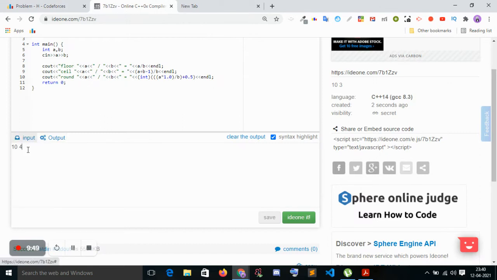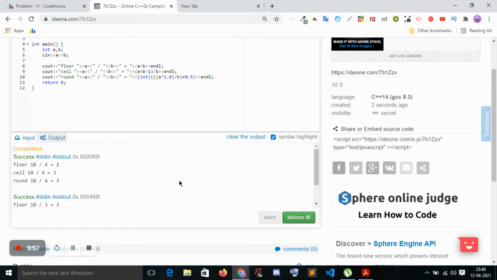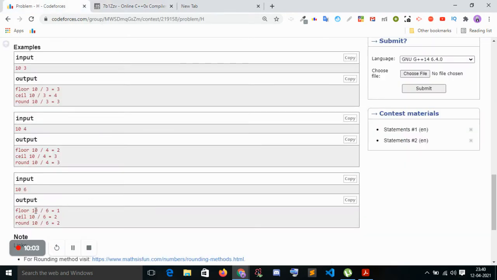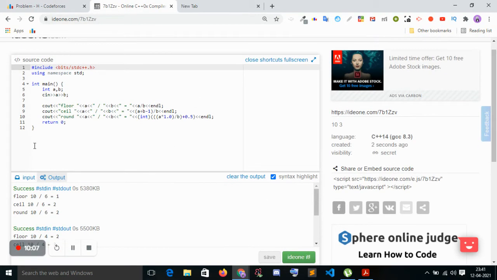10 6. Okay, 10 6 we check, 1 to 2 answer. Okay, right now it is correct. Uncheck the format. Floor, space, all other things should be correct. Okay, and it is correct right now.